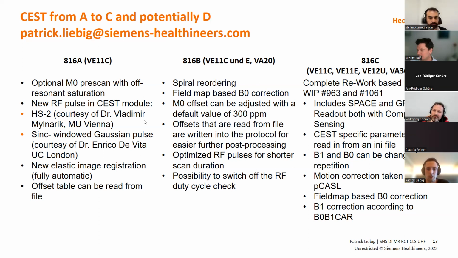What always helps, and is also implemented with the 816C version, is that you change the undersampling mask per offset, and then you do a TV regularization across these offsets. So you do a full 4D compressed sensing reconstruction. This helps pretty much in terms of SAR, SNR, and sharpness. But if you do only per offset, I would say 8 to 10 is roughly the limit.